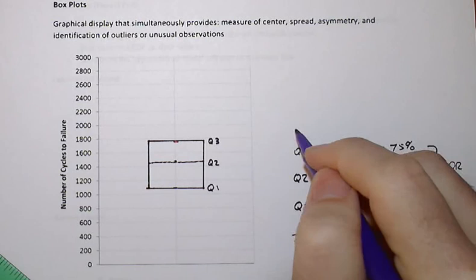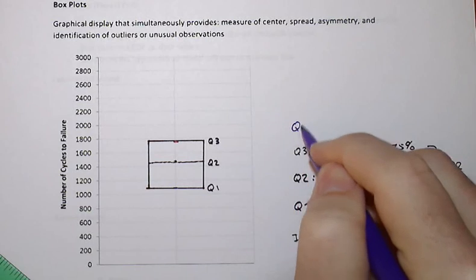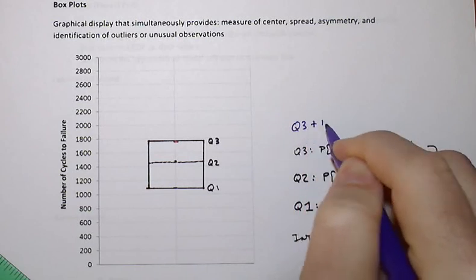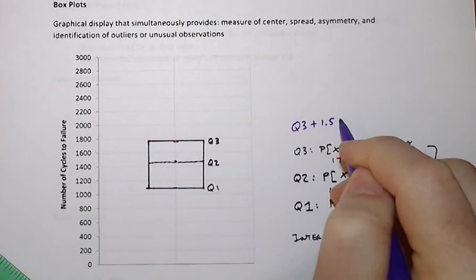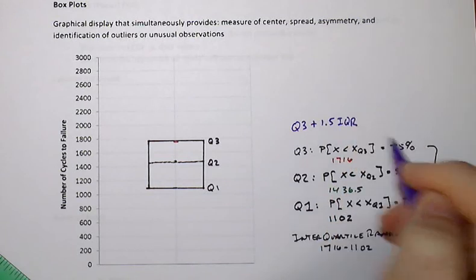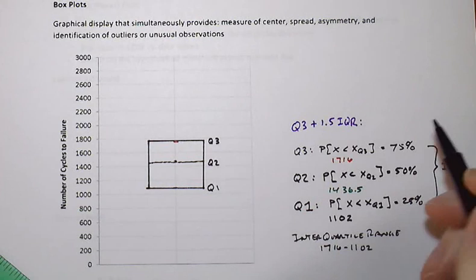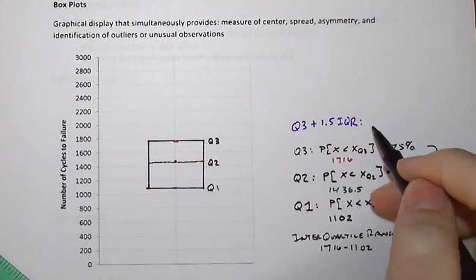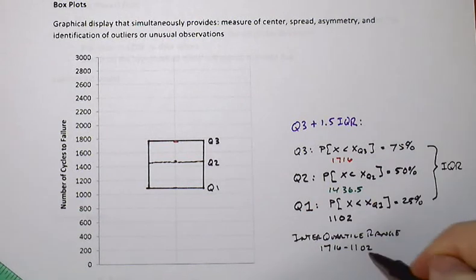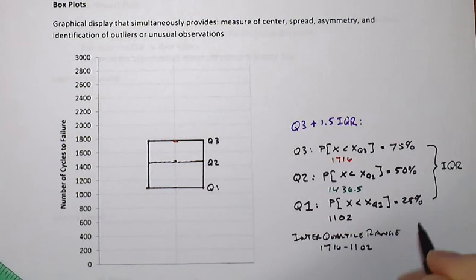On the upper side, it's going to be Q3 plus 1.5 times the interquartile range as the potential value. I say potential because we're actually going to look at the data that sits within there. Right, so we take 1.5 times this interquartile range.